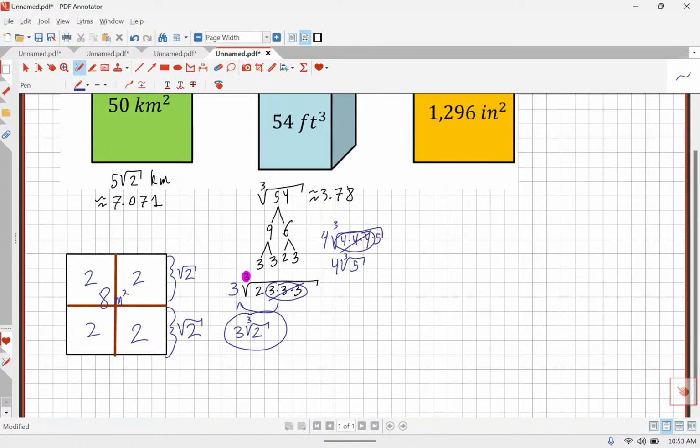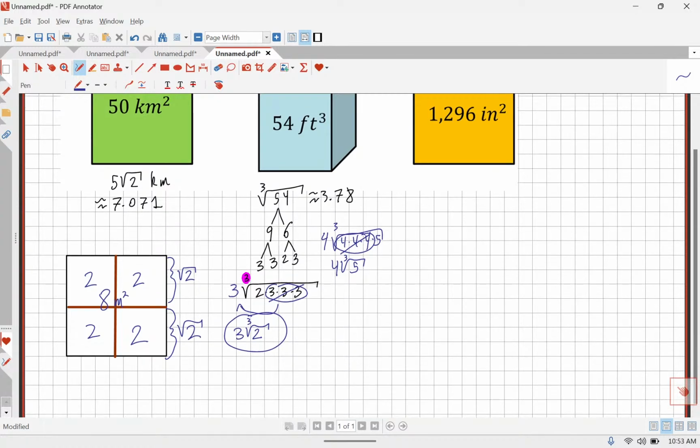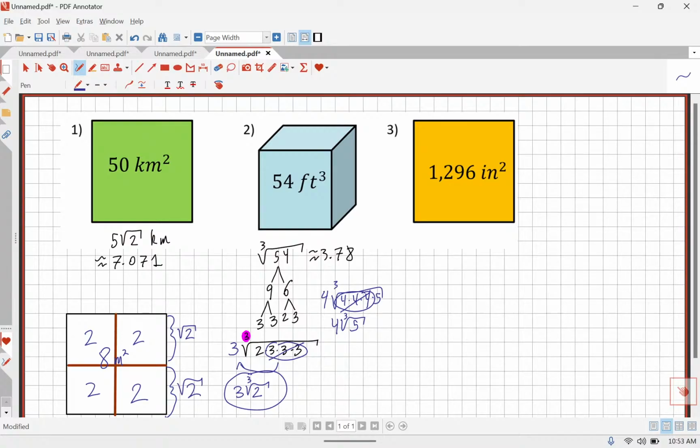How many square roots of 2 long is this side? It's 2 square roots of 2 long. And so this one would be 5 square roots of 2, because if I cut it up into a 5 by 5, that would be 25 squares.